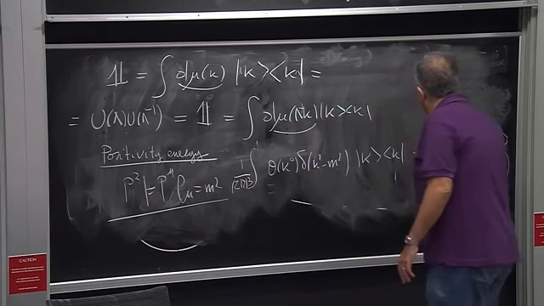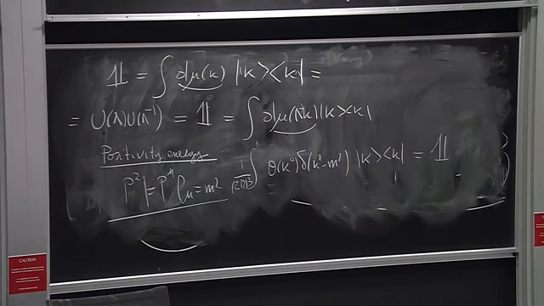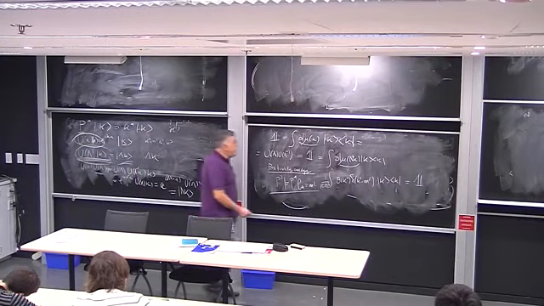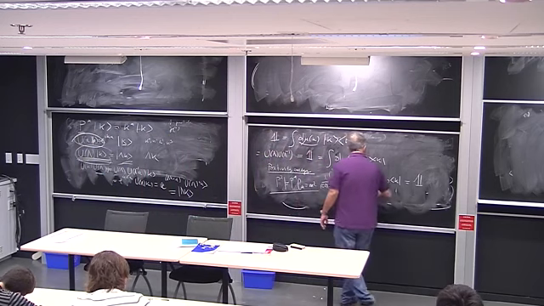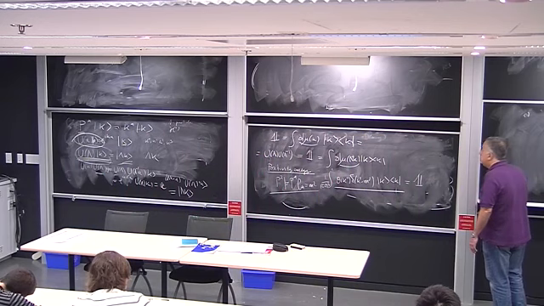So what we have asked for is a representation of the Poincare group on the basis, and positivity of the energy, that you can write also.